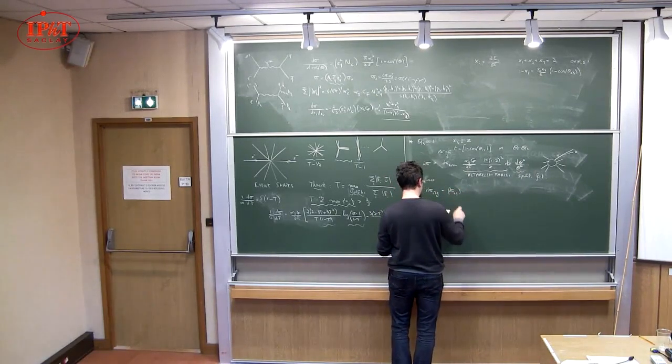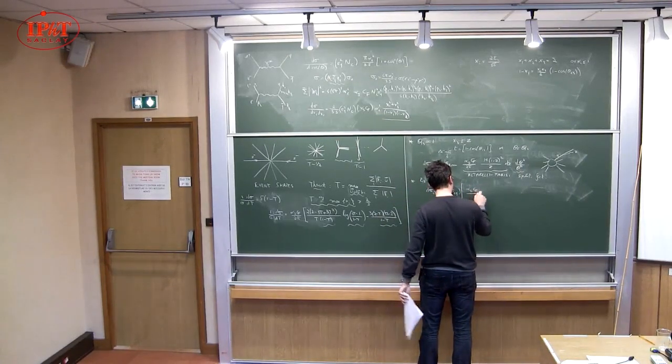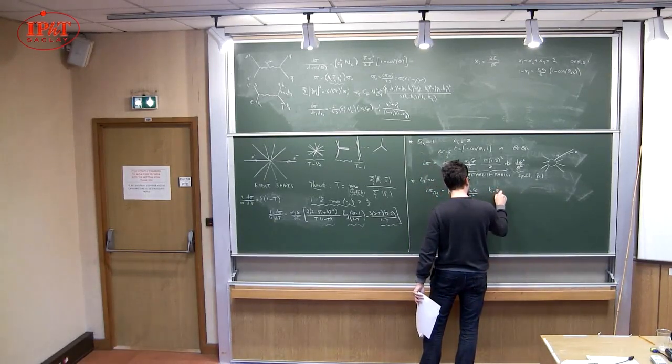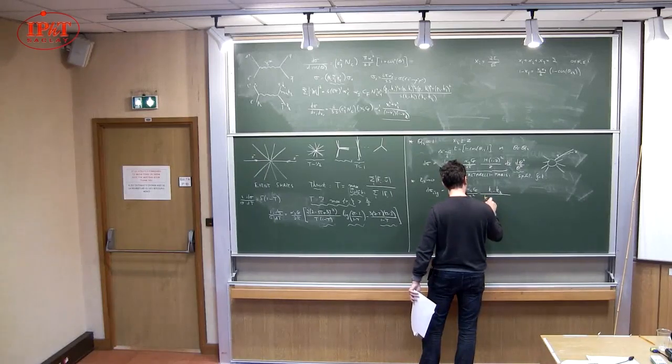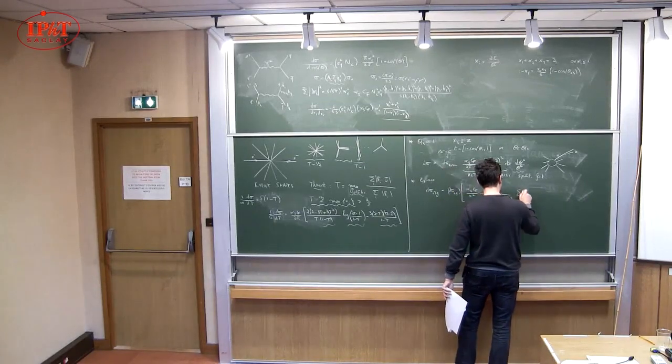So again, the Born level cross-section times the function, which is alpha s CF over pi squared, times k1 dot k2 over k1 dot k3, k3 dot k2, times delta.